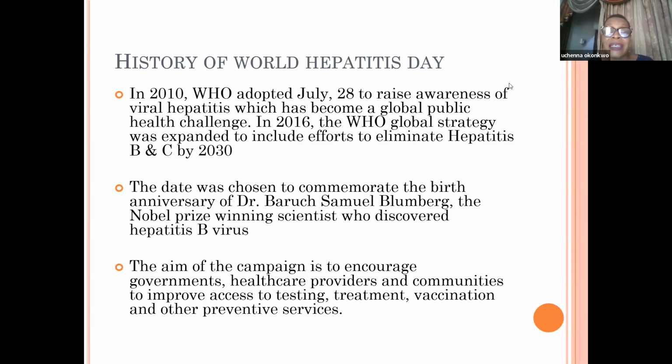The day, 28th July, was chosen to honor the scientist that discovered this virus, Dr. Baruch Blumberg. The aim of the campaign is to create awareness amongst communities, and encourage governments and healthcare providers to escalate preventive and treatment measures, in the hope to eliminate this deadly virus from our community.